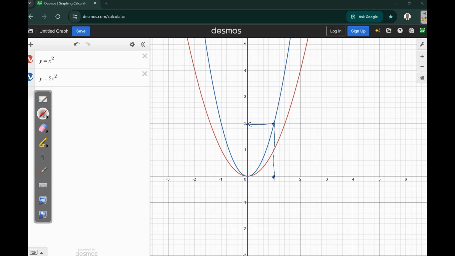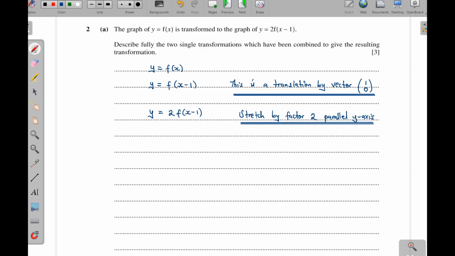It is 2. Here, the y coordinate was 1. So do you see? You just multiply the y coordinates by that scale factor, that stretch factor. So that is that. It's just a stretch by factor 2 parallel to y-axis. X has not changed. So it is what we call the vertical stretch, and that is that.